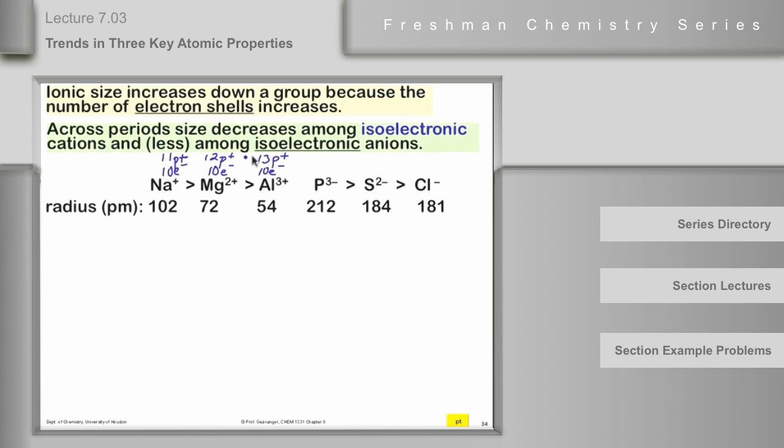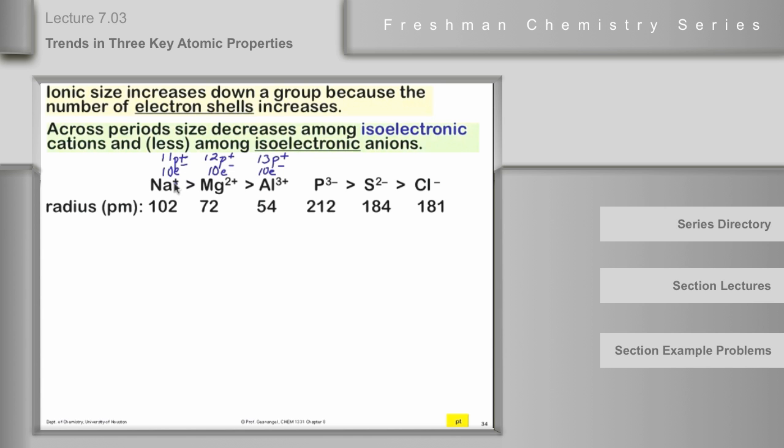Now, if we just change the number of protons and keep the number of electrons the same, we're looking at isoelectronic cations here. And therefore, the ratio of the positive charges and negative charges will tell us what we need to know. And in this case, it says that 11 protons and 10 electrons compress the charge cloud less than 12 protons and 10 electrons.